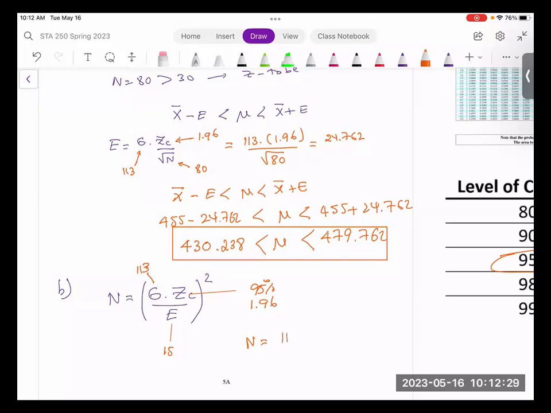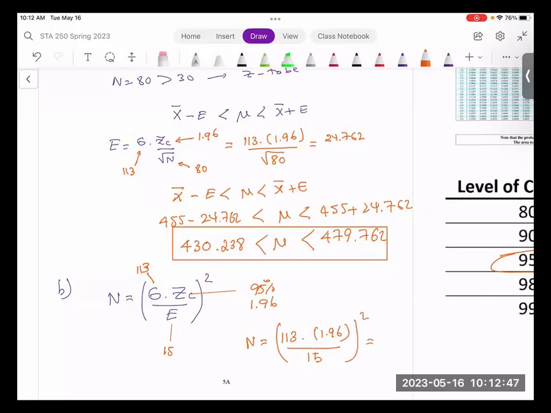So you're going to do 113 times 1.96 divided by 15 and square all of this.